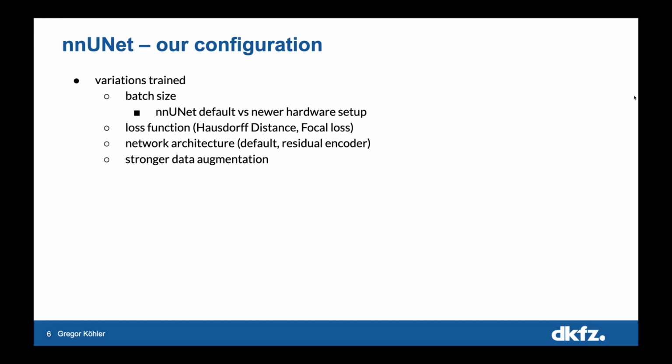In terms of network architecture, there's also an option to use a residual encoder, which we also used, and I think it was present in the final submission. And we also tried stronger data augmentation, which I think led to some improvements in the cross-validation, but it's unclear whether that translates to the leaderboard.